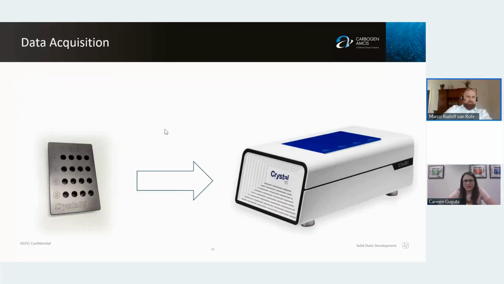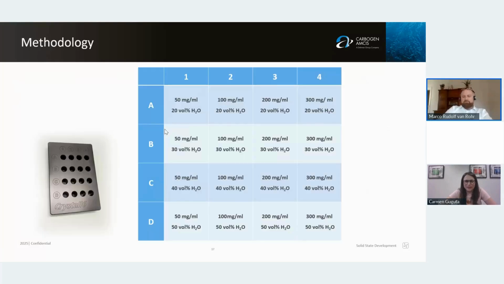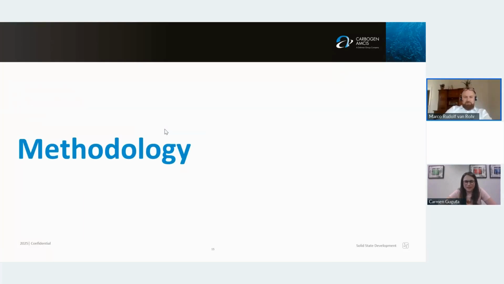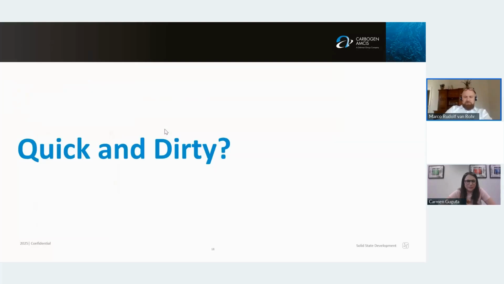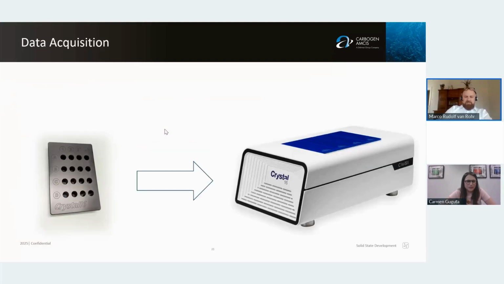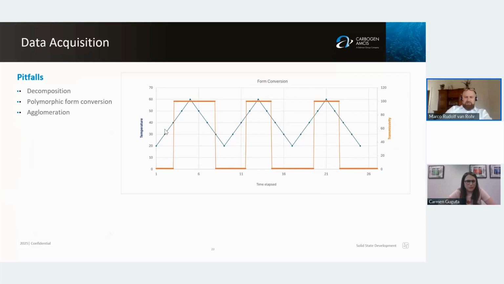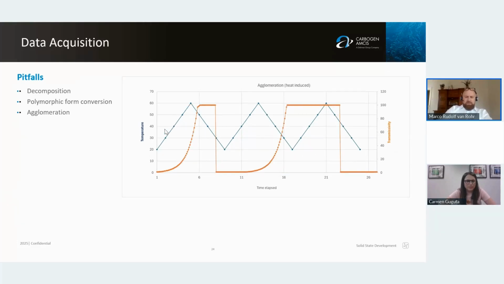Sorry, my presentation does what it wants. You were asking about this image, right? So if you have agglomeration during your measurement, there's not that much you can do. What we learned, there's a model substance I can talk about.